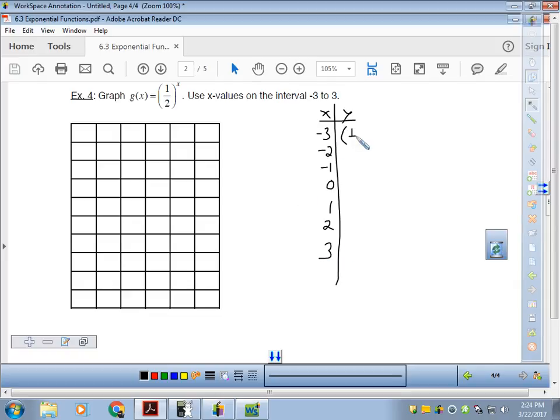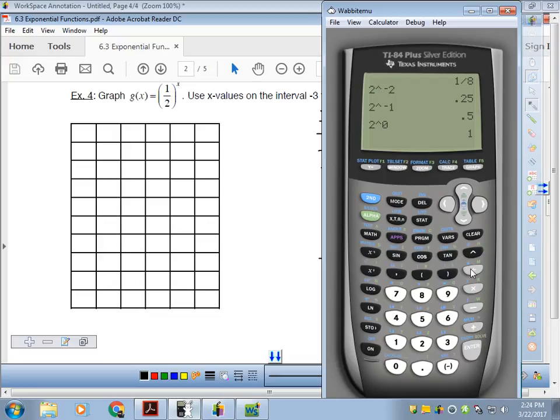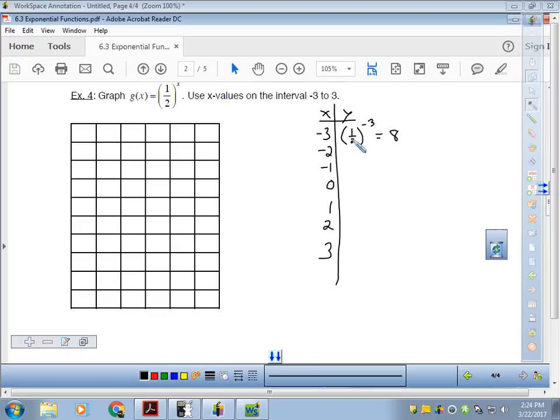So I'm going to have 1/2 raised to the -3. I can already tell you this is 8. You can verify it in your calculator. If you do 1/2, and then you raise it to the -3 power, you get 8. And the reason why is the negative flips that fraction. So instead of being 1/2, it becomes 2. And 2 to the 3rd power is 8.